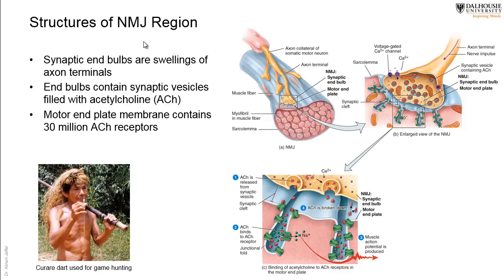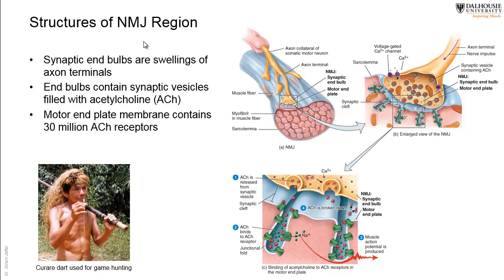And the muscle, therefore, will not be able to contract, will be paralyzed. And that's why they use it, for example, in game hunting, because it causes paralysis of the animal when it hits the animal.